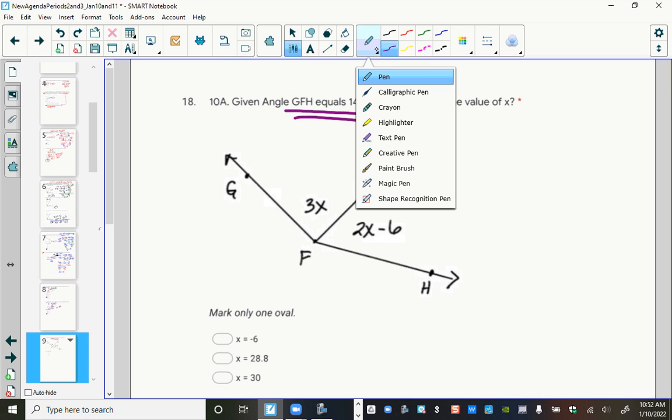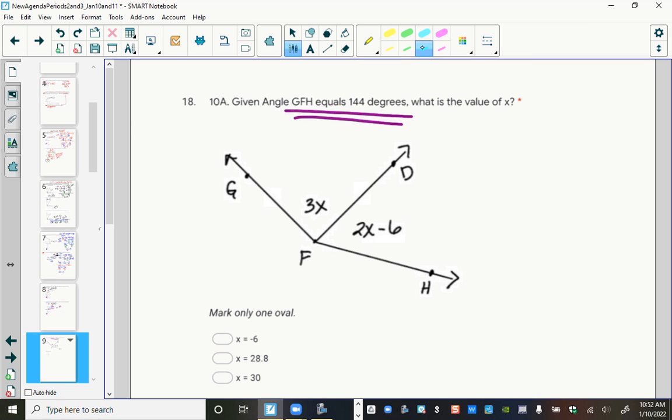I think a lot of us were concerned about the labeling. GFH, remember G starts here. Where's our turning point taking place? What letter? F. So we go from G to F. And then where do we go? F to H.